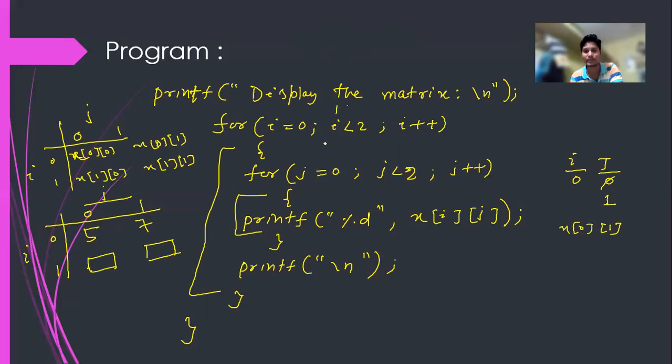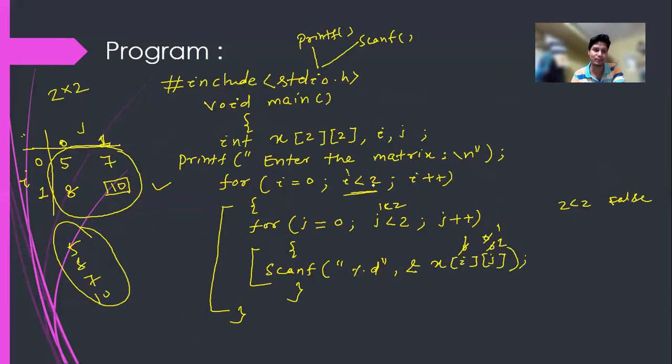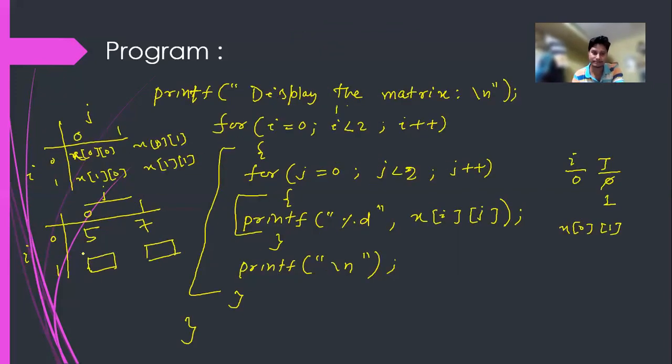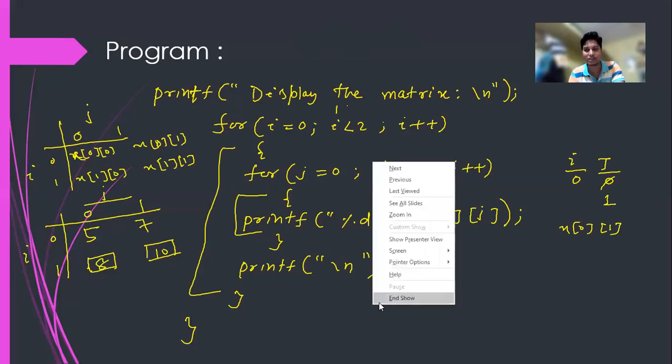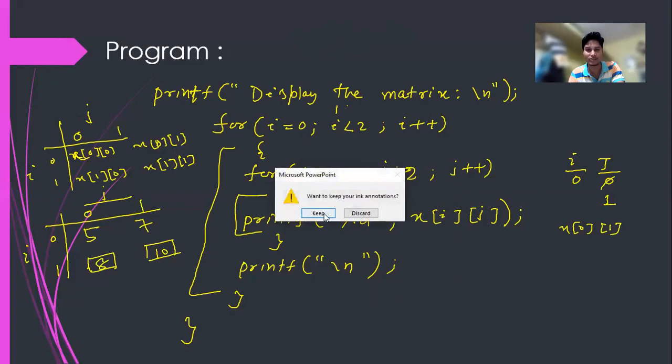Then again for j value 0 and j value 1, 2 values will be printed. What are the two values? 8 and 10. So in this way, we can create a matrix. So let's run the program and see how it is executed.